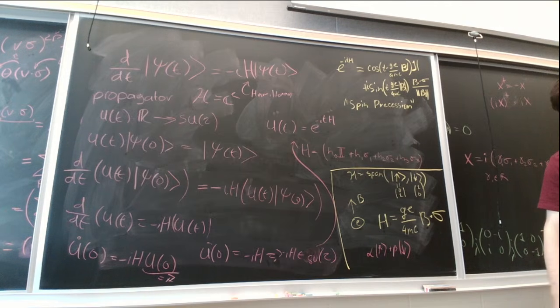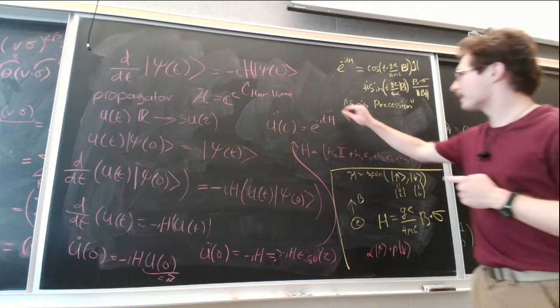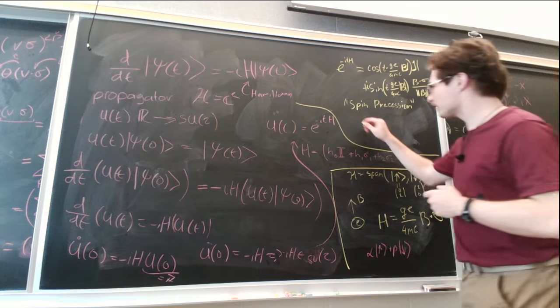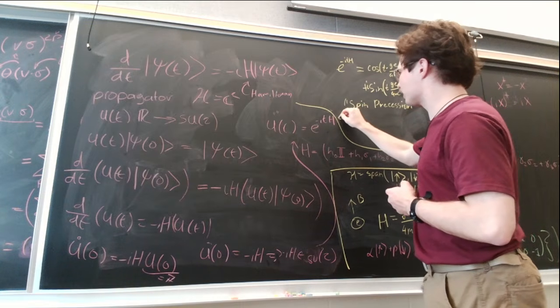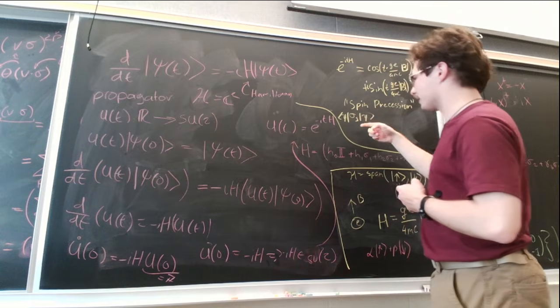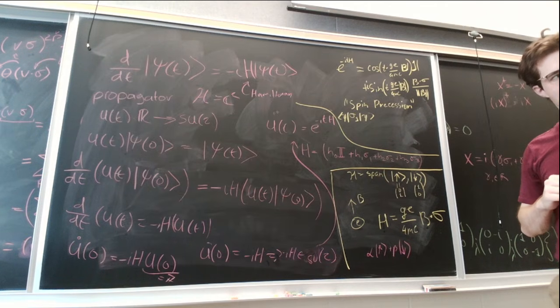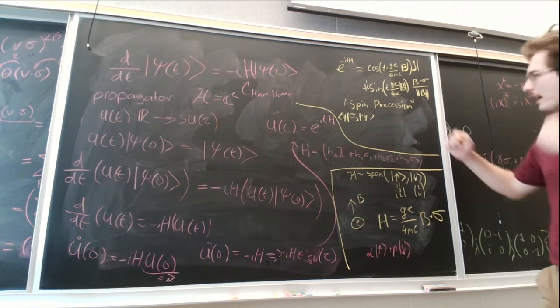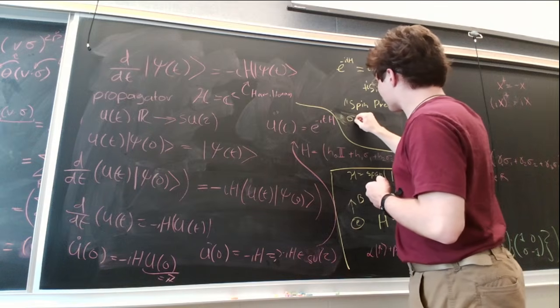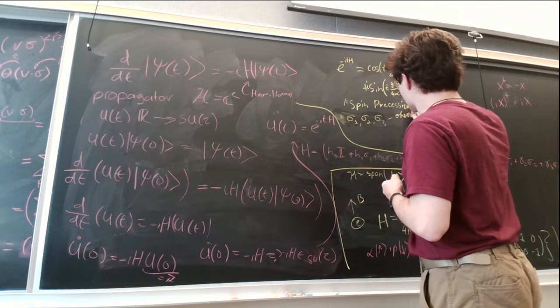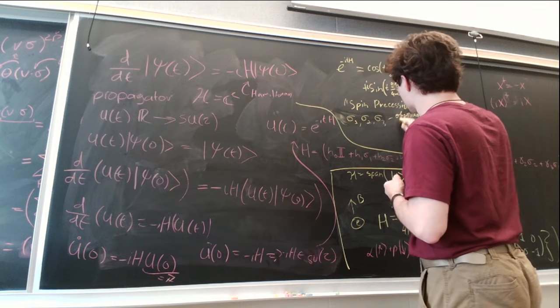There's a very particular thing I should have said: usually sigma 1, sigma 2, sigma 3 are associated to the observables for spin along x, y, and z.